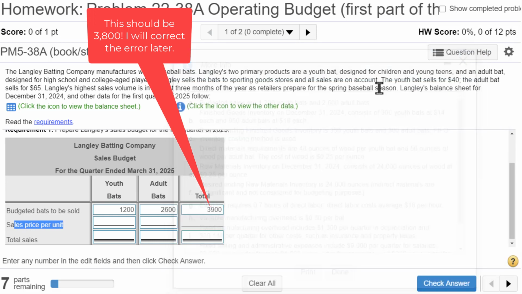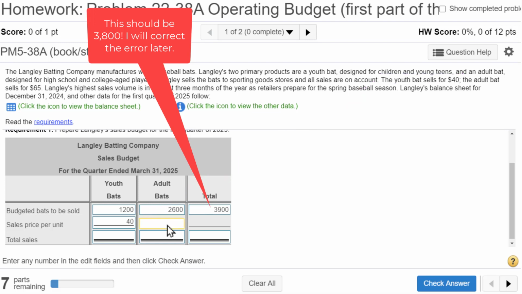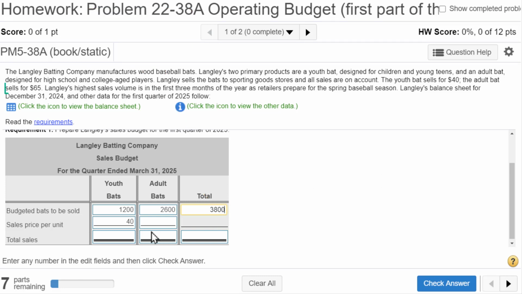I can close this window. Here's the sales price. The youth bat sells for $40, so I'm going to plug that in here. And then our adult bats sell for $65.